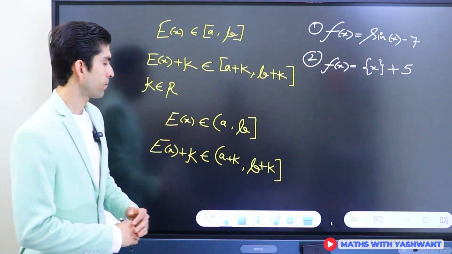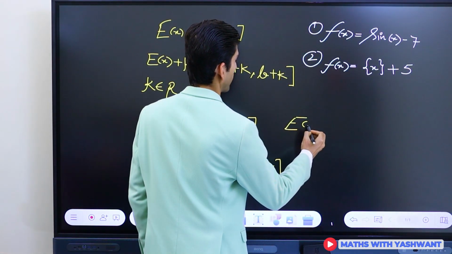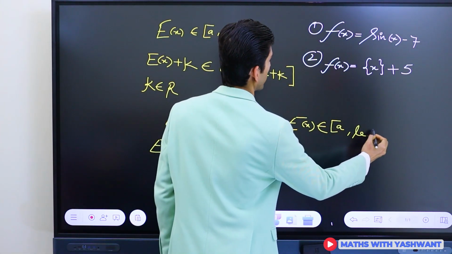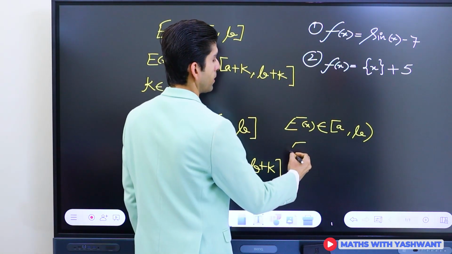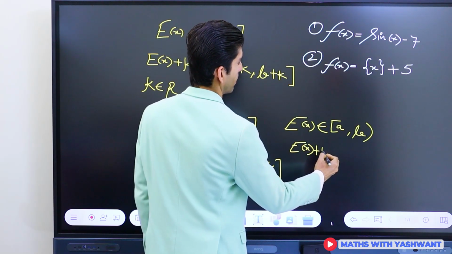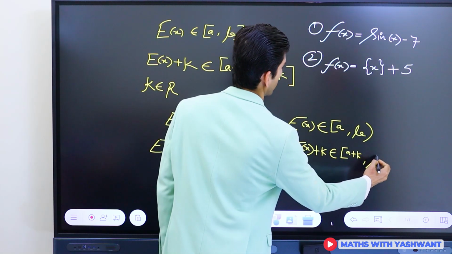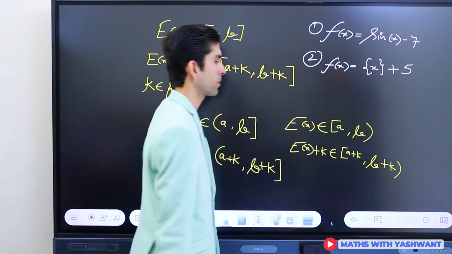Now let's say again, for the same expression e of x, if it is closed from A and it is open from B, then for e of x plus k, we simply again add k to the left hand boundary point and to the right hand boundary point.